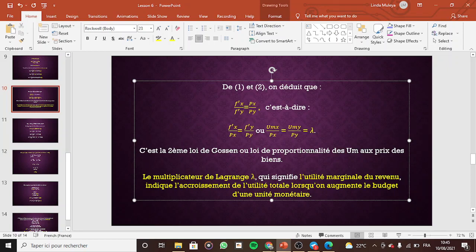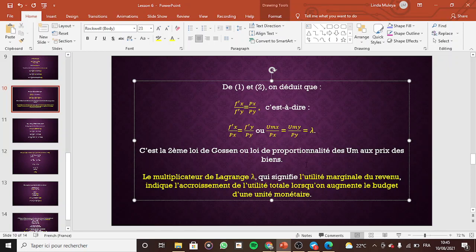So in this case, I just need you to take note of these formulas. They will become useful as we go forward. This equality here of umx over the price of x is equal to umy over the price of y is equal to Lagrange proves the second law of Gaussian.